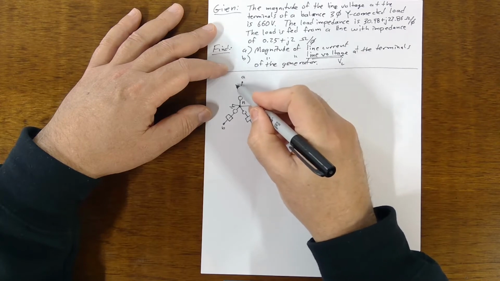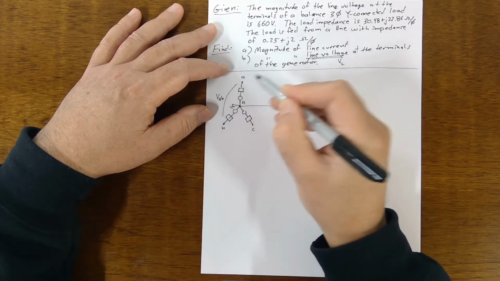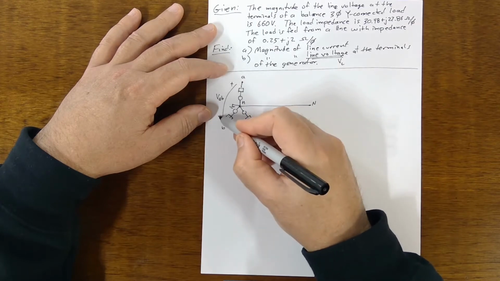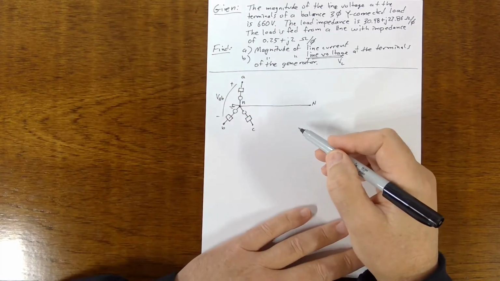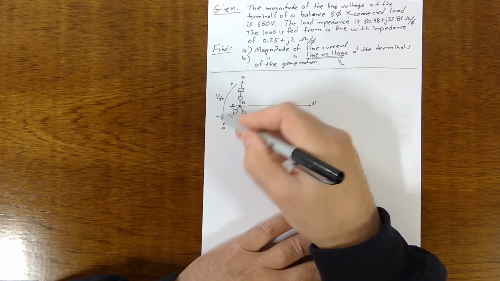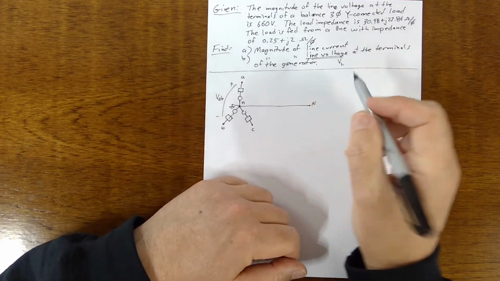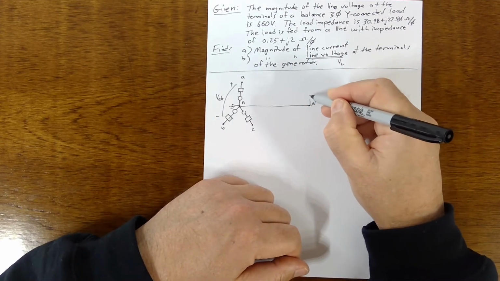Let's just choose one. Let's use this one. So this is V_ab, plus and minus, which is kind of arbitrary, the way we put the plus and the minus.